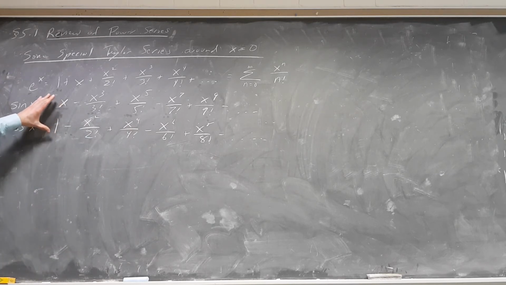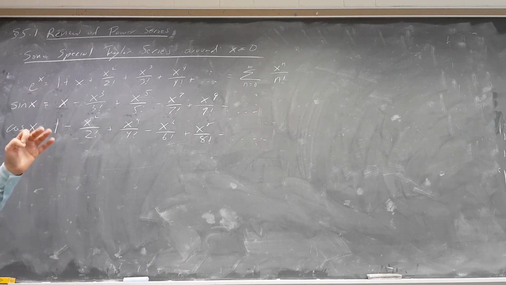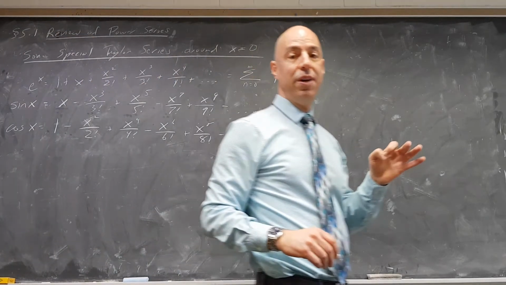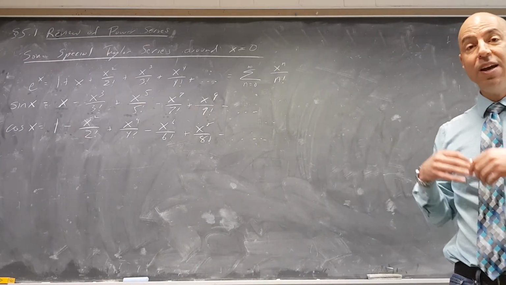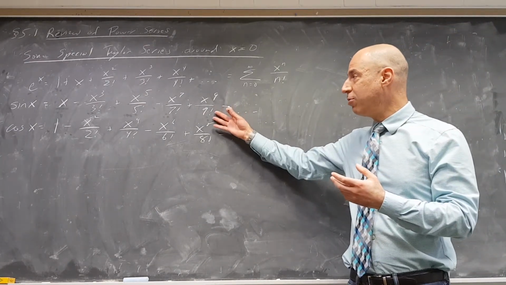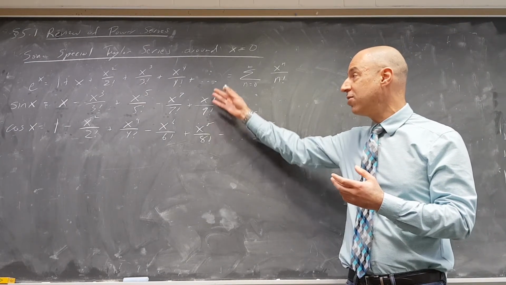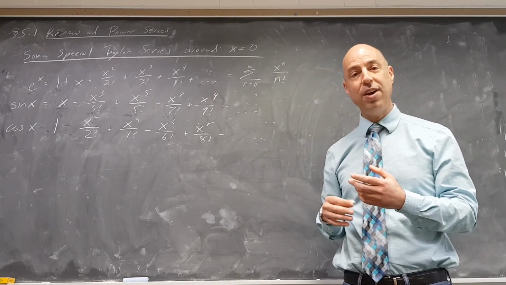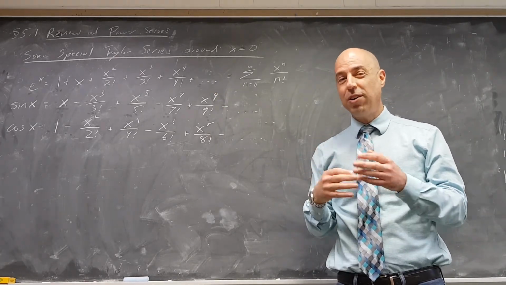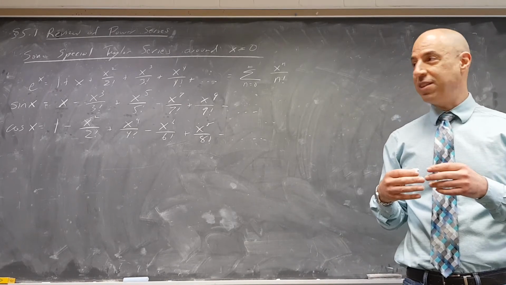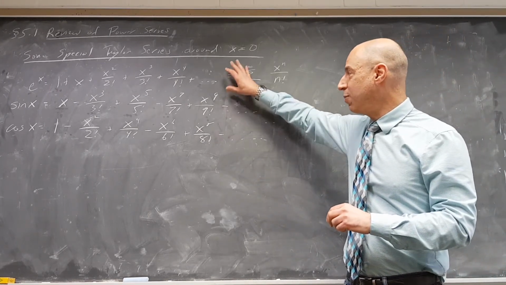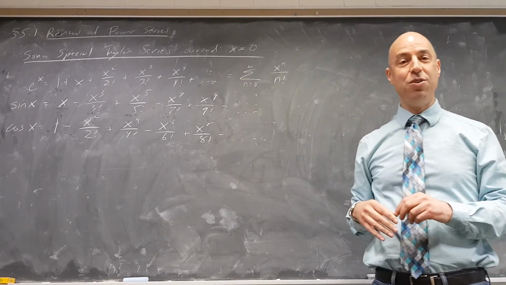But there's also an obvious resemblance between this and this. This is probably not the first time in your life that you've seen a resemblance between the trigonometric functions, the sinusoidal functions, and the exponential functions. Once you start looking at complex numbers, you see that the relationship between these is tighter than you thought.